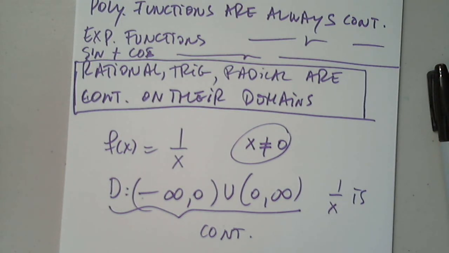But now let's take a look. It appears that there is a what at 4? Infinite. Correct. It appears that at 4, the function has a vertical asymptote.